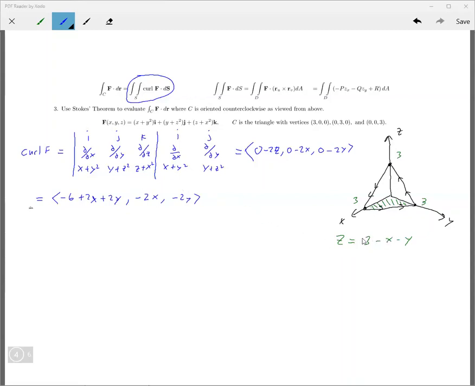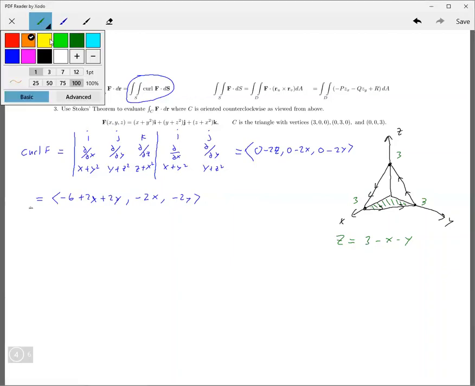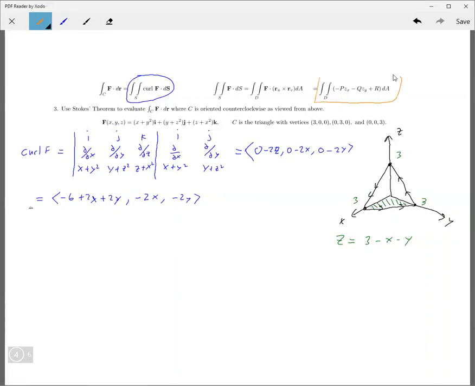Okay, so this right here, z equals 3 minus x minus y, is the equation for this plane that includes the triangle. And in the flux I substituted in for the z, and what we're going to do is use this formula right here.